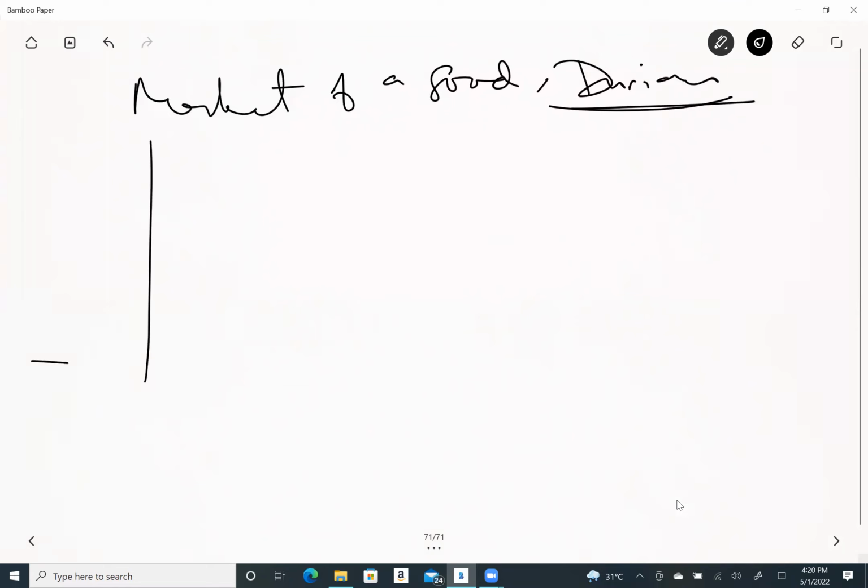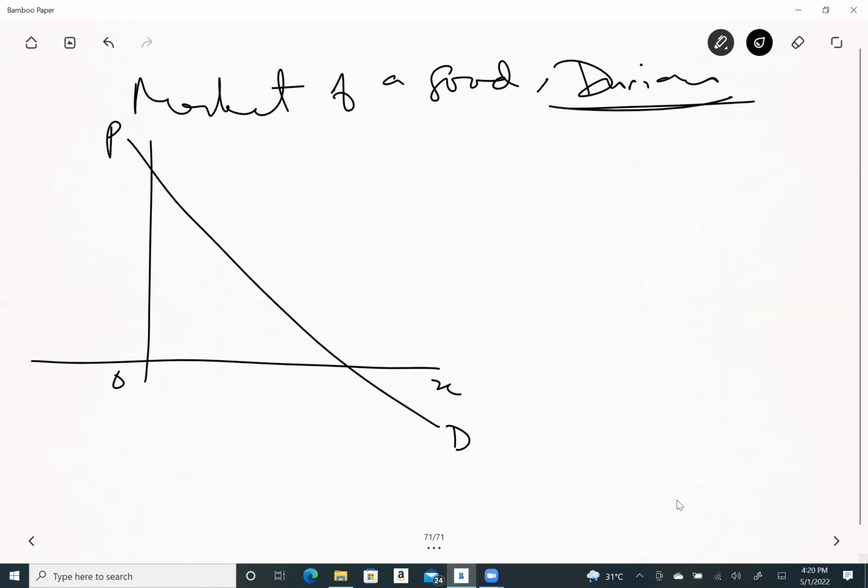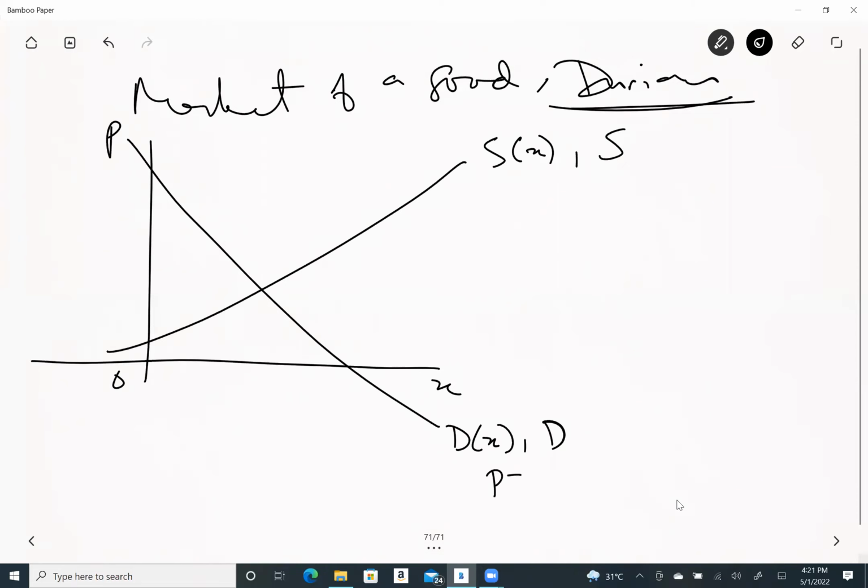If you look at the market of durian, you have the demand function and the supply function. Call it the demand function D, and then the supply function S. Of course, the demand function is p as a function of x, and the supply function, you also specify p as a function of x.